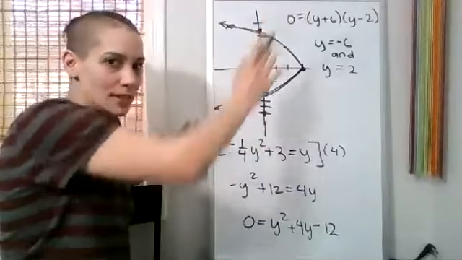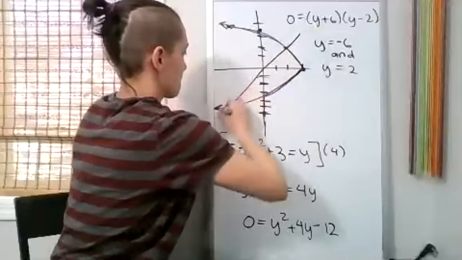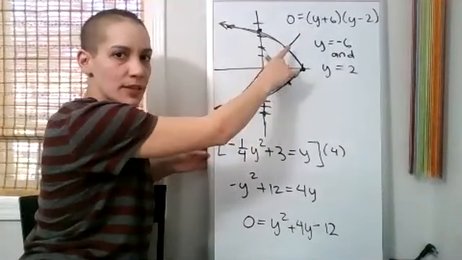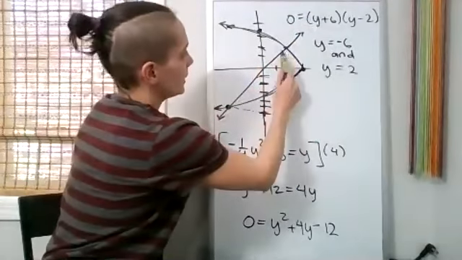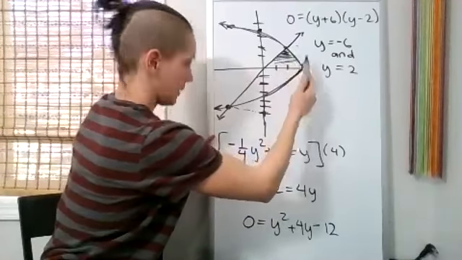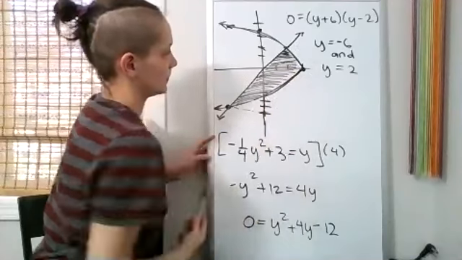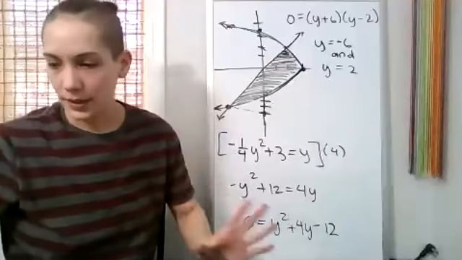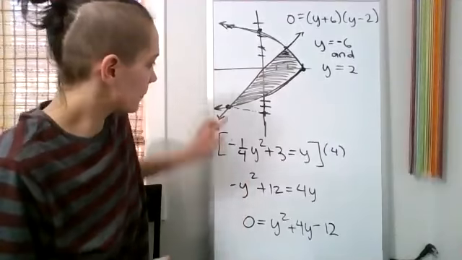I'm just going to go ahead and draw this other line. So through this point, through the origin, through that other spot I marked, and it keeps going. We want this area here. Okay, so let's try drawing the rectangle.